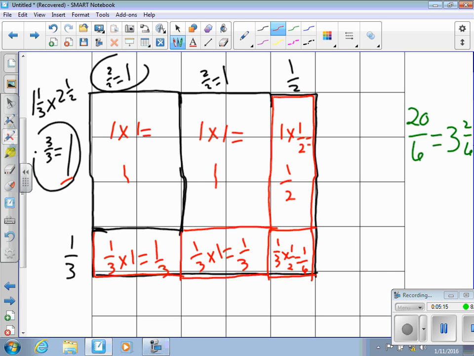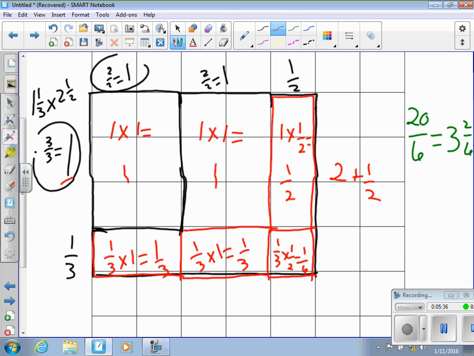So just as we do in whole numbers, you're going to find the total of all your partial products. And when we look across the top here, we see that we have 2 wholes. We have the fraction 1/2.